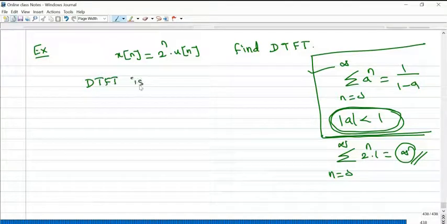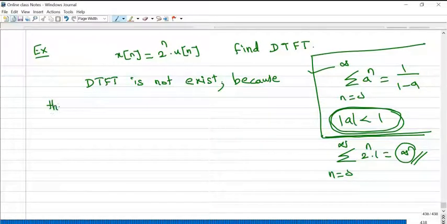DTFT, if it is 1 by 2 power n, then you can write your answer. You can solve it. But for 2 power n, DTFT does not exist, because the signal is not absolutely summable.